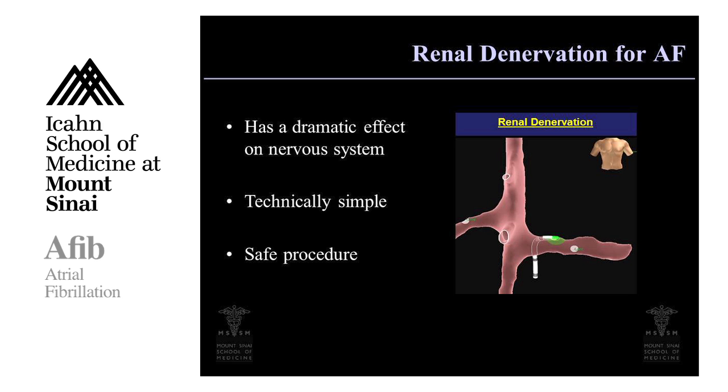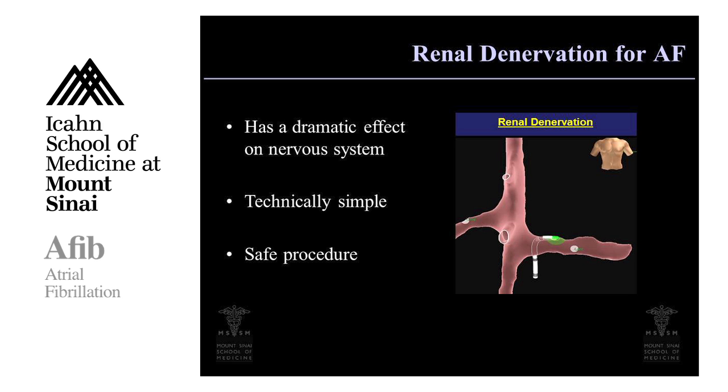Why does this matter? Well, this autonomic or involuntary nervous system is actually important in terms of the initiation of atrial fibrillation. So in addition to cauterizing the atrial fibrillation, we believe that by affecting the nervous system, we can affect both the trigger as well as the propensity for the heart to change and go into atrial fibrillation. So how does this work?